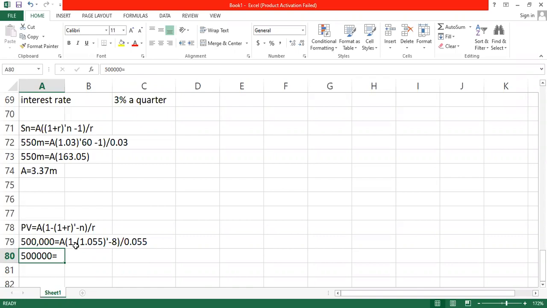I'm having 0.65 something now. Have you divided it? No, I didn't divide yet.